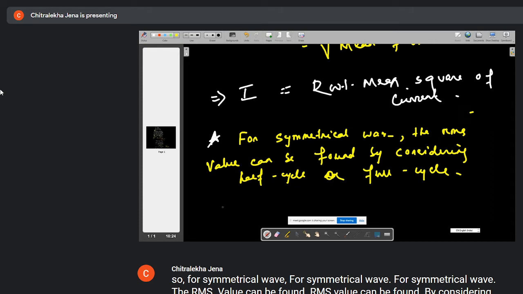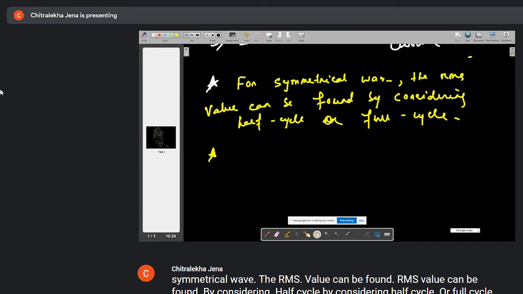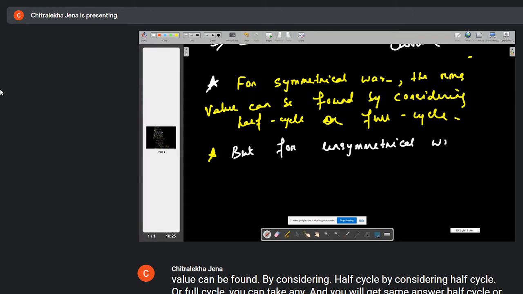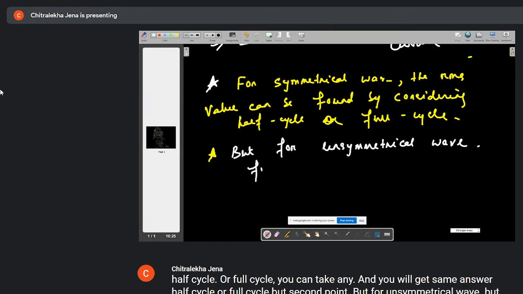But for an unsymmetrical wave, which one do you have to consider?